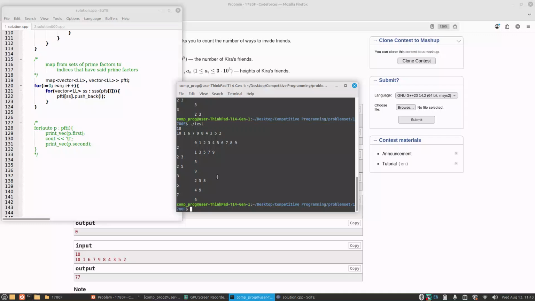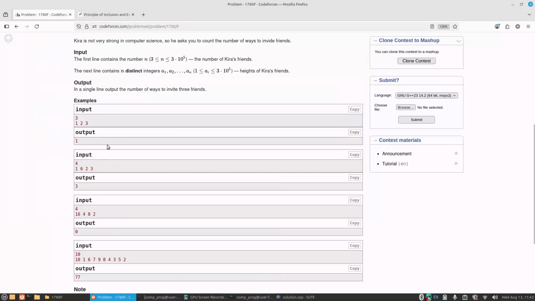So let's just say we're doing 1, 6, 2, 3. I mean, like the third last element. So that'd be 1, 2, 3, 6. And then for the factors of that, determine which is valid and which isn't.